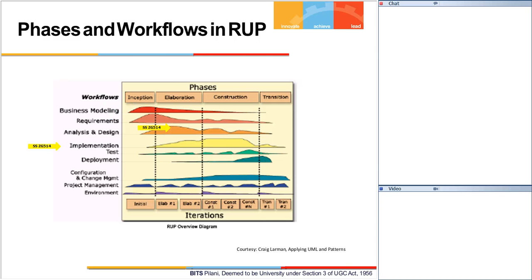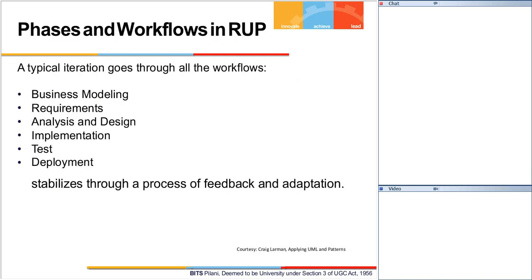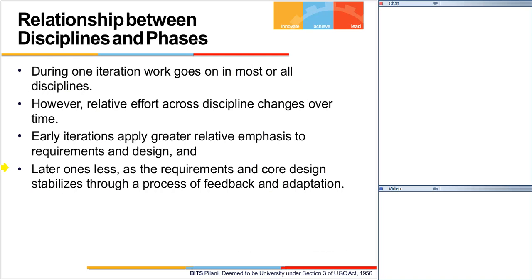Whereas the latter discipline activities have their peak in the latter iterations, as the requirement and core design stabilizes through a process of feedback and adaptation. So there is little emphasis that you put on the requirement and designing work activities in the latter iterations, right?